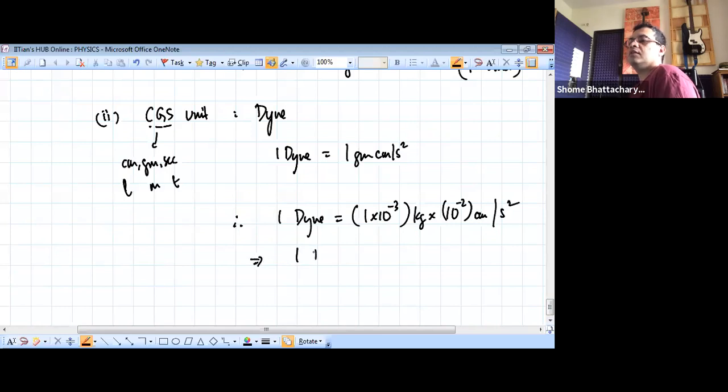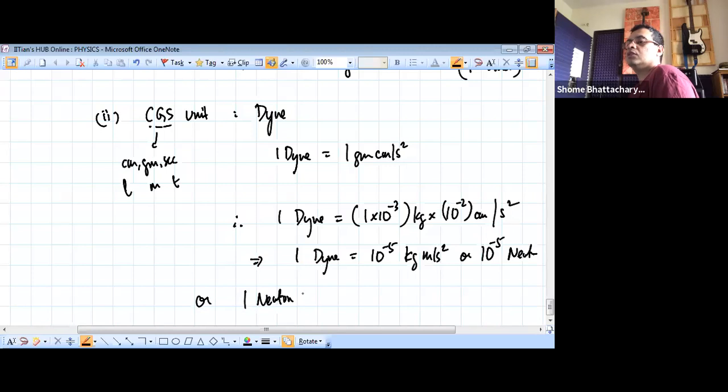So 1 dyne becomes 10 raised power minus 5 kilogram meter per second square, or 10 raised power minus 5 newtons. So this is the relationship between newtons and dynes. We can say that 1 Newton of force is equivalent to 10 raised power 5 dynes of force.